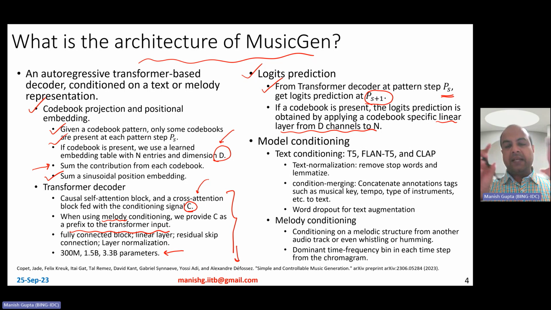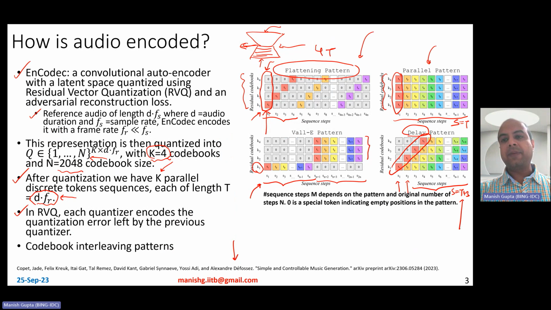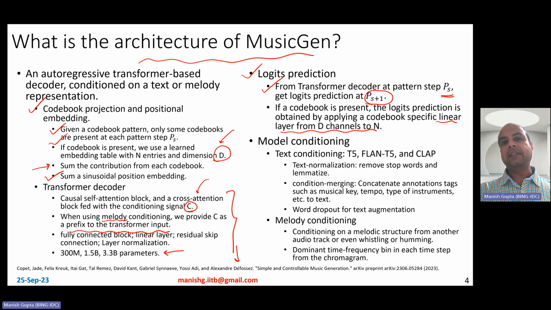So at any time step, once your transformer decoder has generated some D-dimensional representation, you project it using four different linear layers to an output. If you're using the parallel pattern, for example, you may want to use all four. But if you're using a flattening pattern, then sometimes you use the first one, sometimes the second, sometimes the third, sometimes the fourth, and so on. It's to generate the discrete codes.